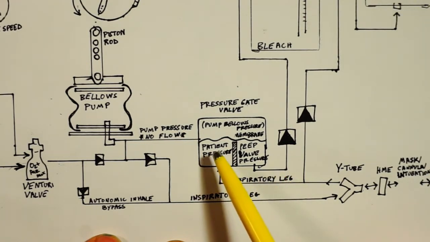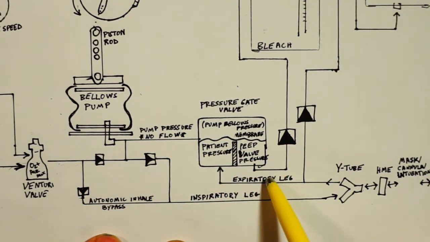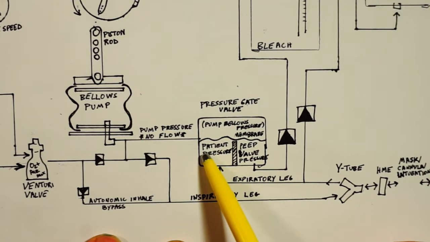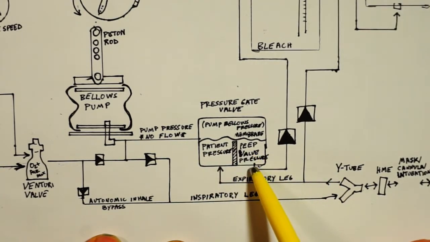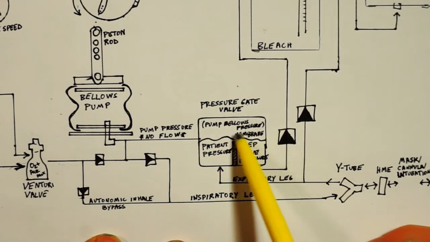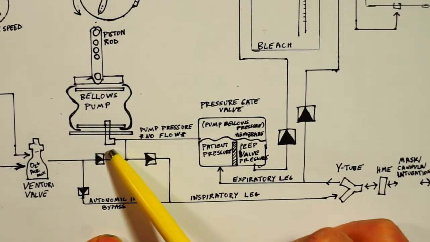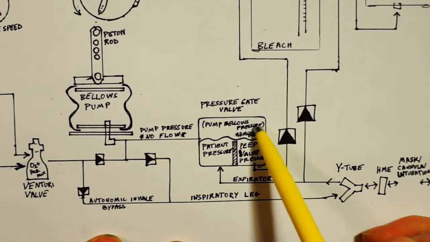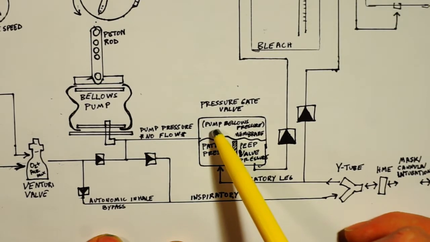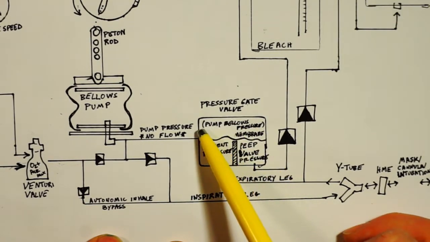So basically there's two chambers down here. One chamber is connected to the patient's expiratory leg. The other chamber is connected to the PEEP system. We'll get to the PEEP system in a second. And then this top chamber is connected directly to the pump. Now, the pump pressure is reflected in this top chamber. However, there's no flow from the pump here.